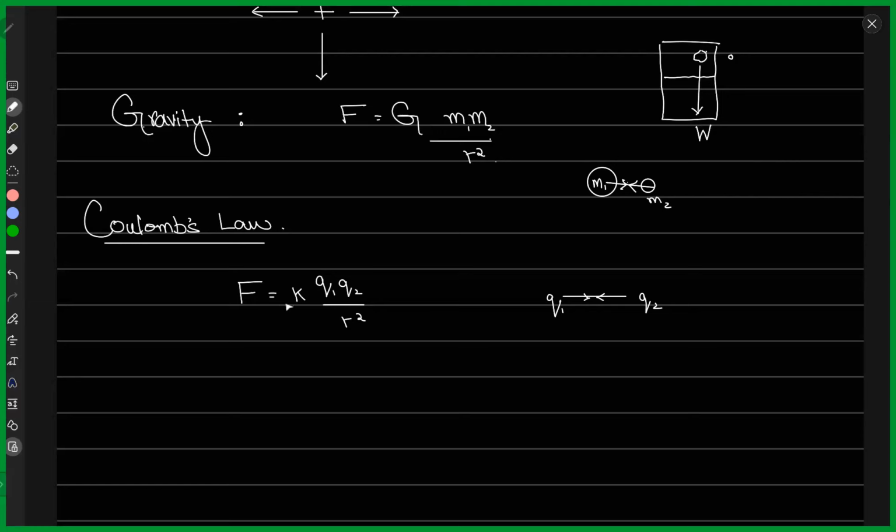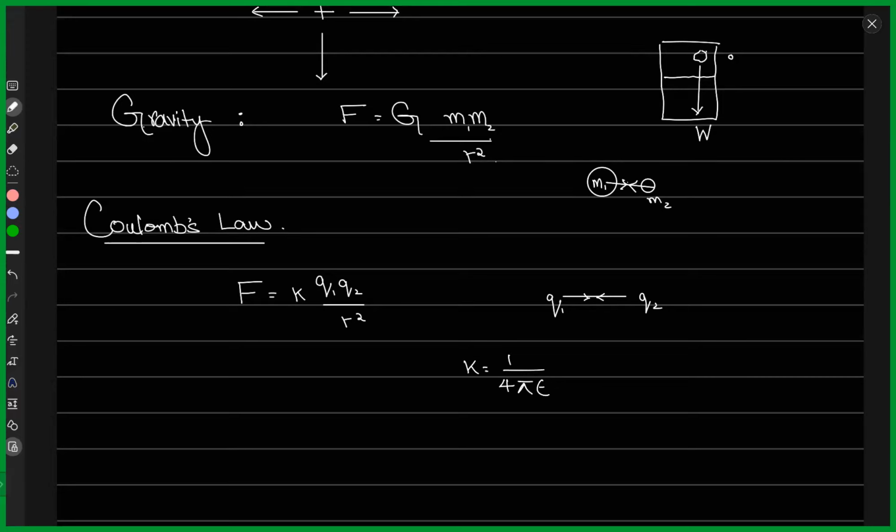The value for K is 1 divided by 4 pi times epsilon. Epsilon is also a constant. It defines the permittivity of space, but a space that is free of any forces. It's just free space, vacuum.